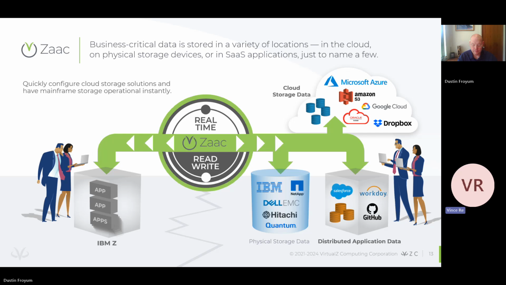We take the Dropbox file system drivers that are available in the open source community for Linux and other platforms. We make them run on the mainframe, which is a pretty simple port. And now all of a sudden we support Dropbox equally to any other platform. And, plug in the blank there, we can connect to just about anything, and you don't even need to be dependent on us for that.